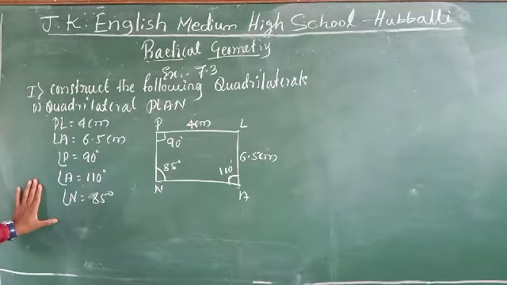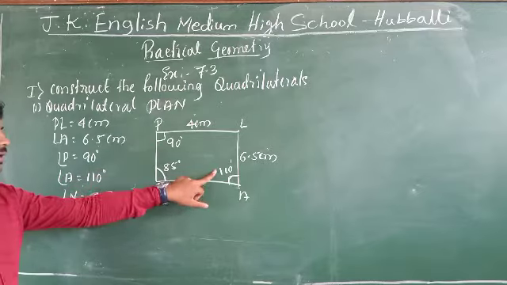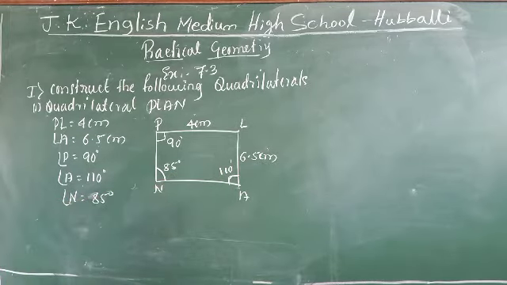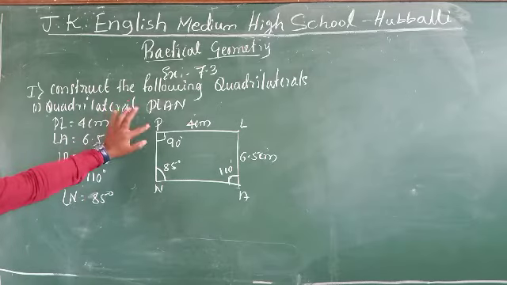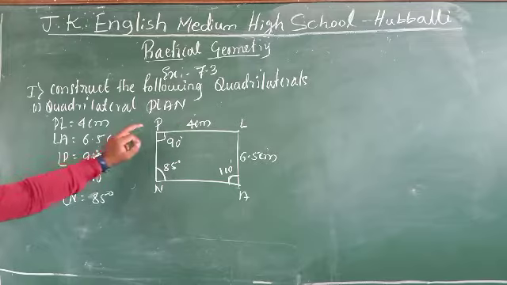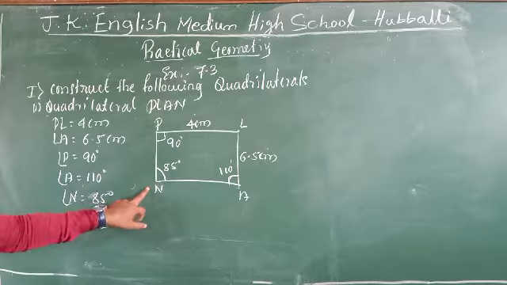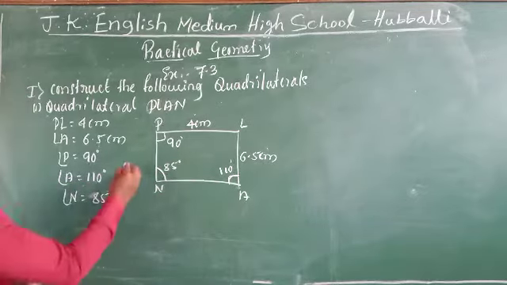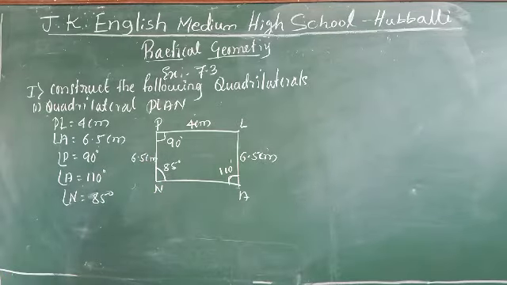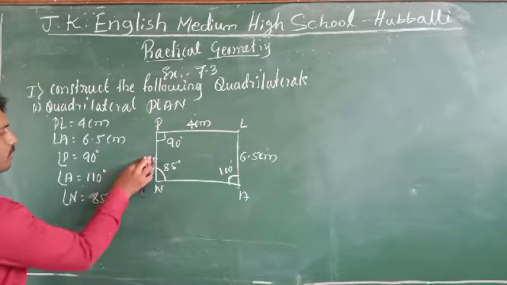Okay, how to do this? First one, 90 degree is there, 110, 85. So let us take the base as 4 centimeter. Later on, PN. PN is how much? We don't know. But LA is 6.5 there. Otherwise, we can directly take 6.5 centimeter. There is no problem.